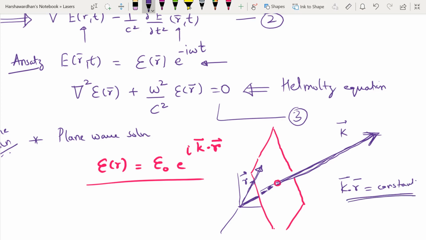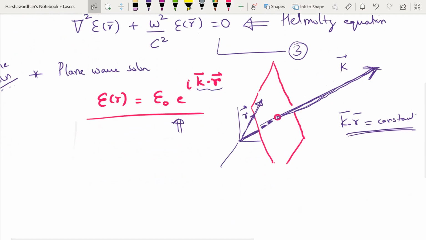Hence this light is characterized by a sequence of planes which have different values of the phase as r evolves along the direction set by the k vector, or the propagation vector of the field. So that is the kind of structure that one has in mind.